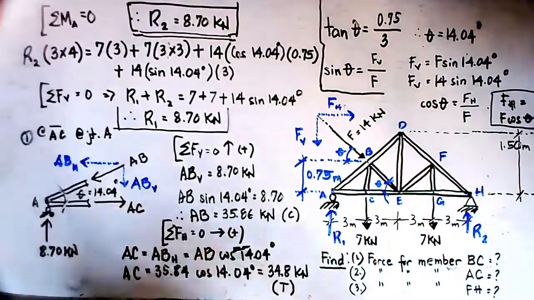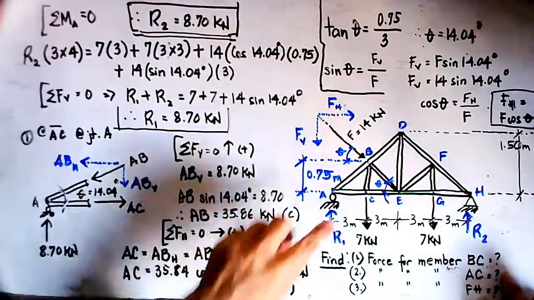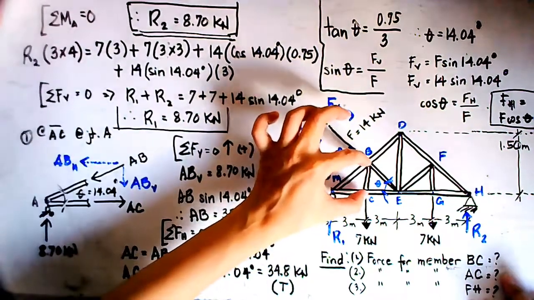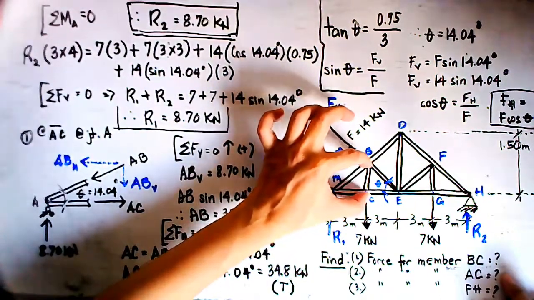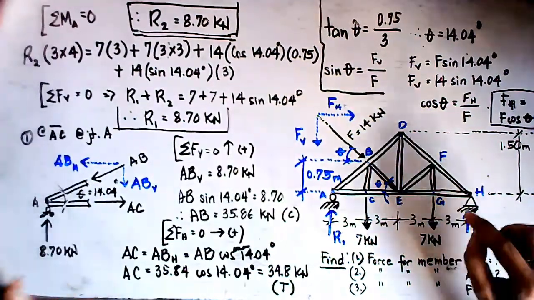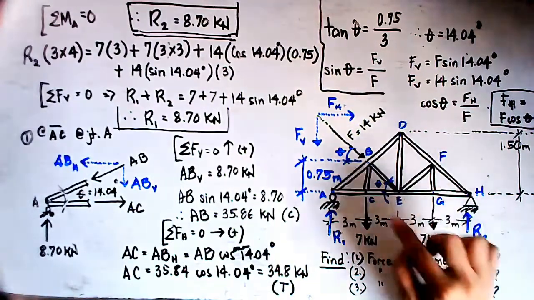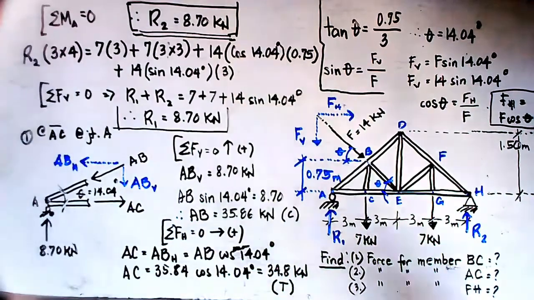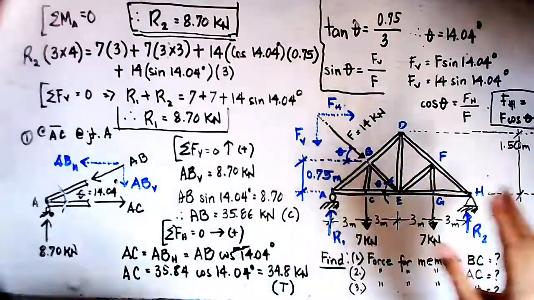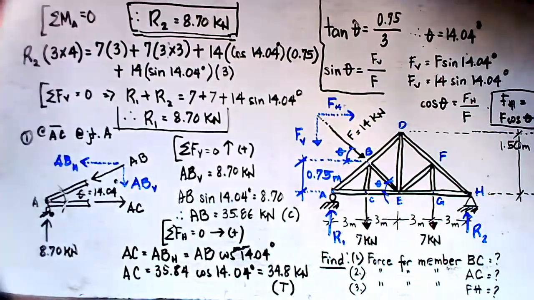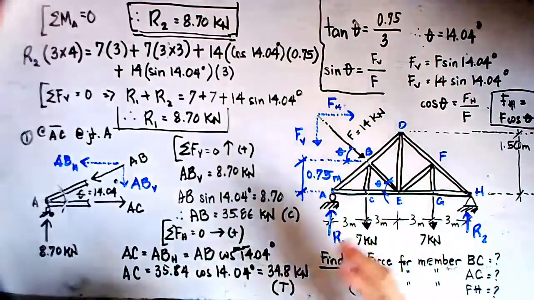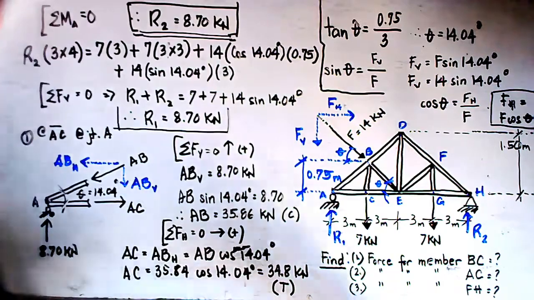Once you have the value for AC, if you would like to determine the value of the force in member BC, all you have to do is to take joint C and then joint B. But I will not be showing it anymore to you. However, the same process will be used.